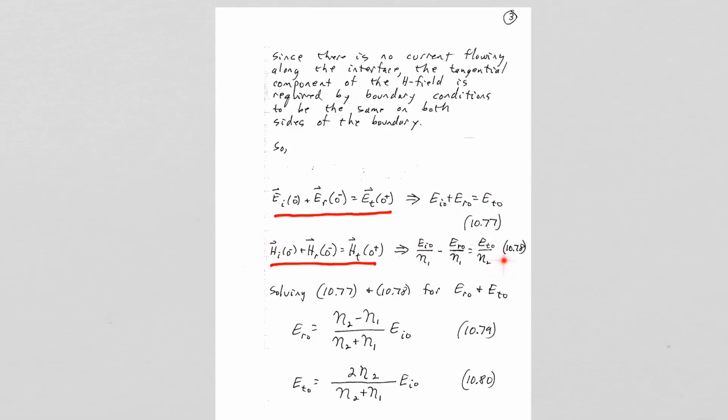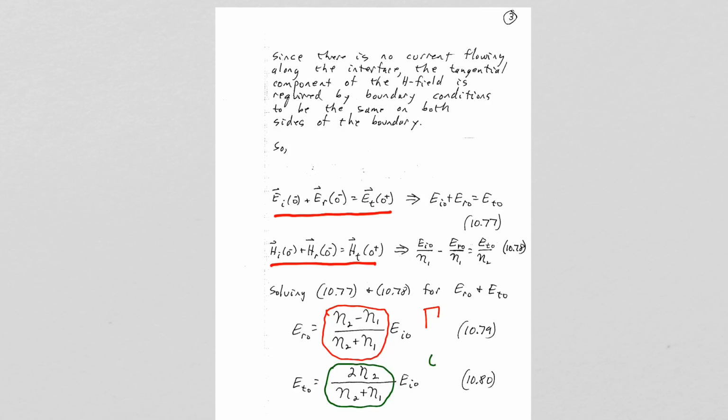So we can solve for the amplitude of the reflected electric field intensity in terms of the incident electric field intensity and the amplitude of the transmitted electric field intensity in terms of the incident electric field intensity. This term here we're going to call the reflection coefficient and give it the symbol gamma, and this term here we're going to call the transmission coefficient and give it the symbol tau.